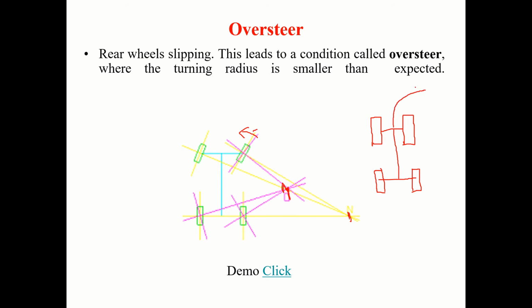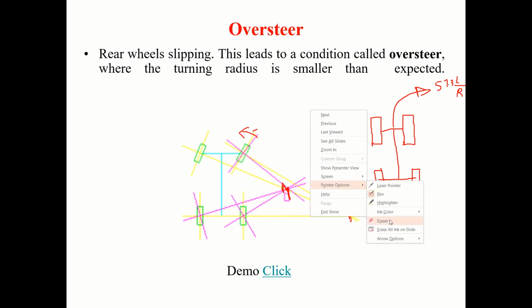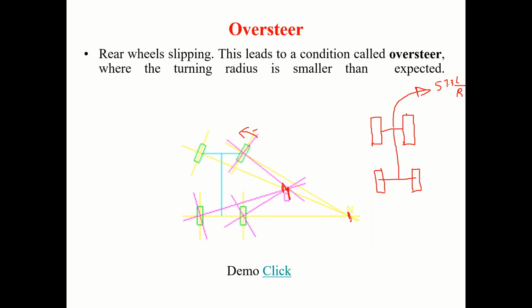It is taking a turn like this. This is what we want, 57.3 L by R. If it is an understeered vehicle, it will steer like this. If it's too much understeered, it's a problem. It will go like this. Okay, it is understeered.